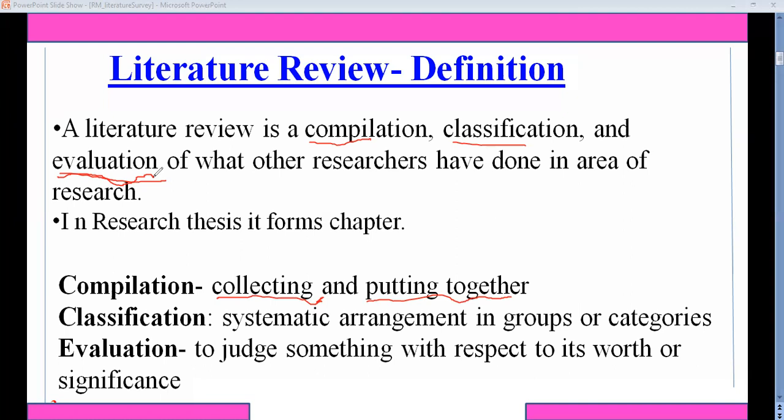So in literature survey, we have to judge what others have done, how they have done. If researchers have done work in the same area but their approach is different, why is the approach different, whether there is any drawback in the previous approach and current approach. All this we have to do in the literature survey.